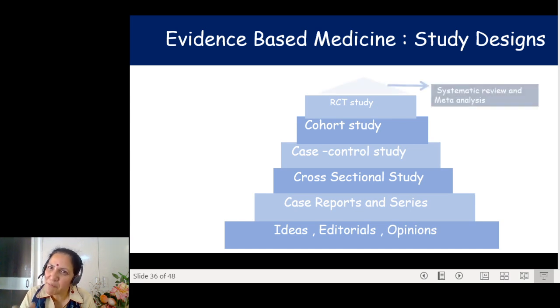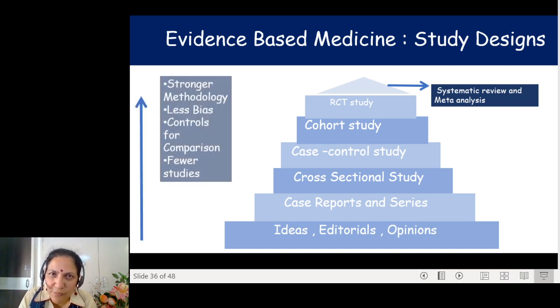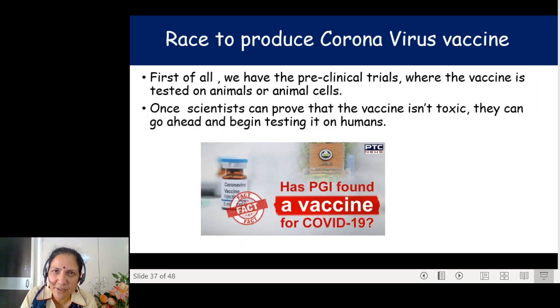And if there are multiple randomized controlled studies, one can do a systematic review and meta-analysis to have the final answers. So what we can see up the pyramid is that the methodology becomes stronger, there is less bias, controls for comparison are there, and there are fewer studies at the top of the pyramid.